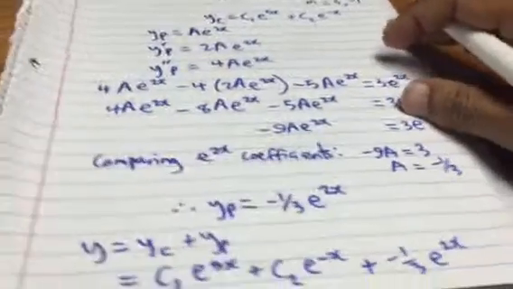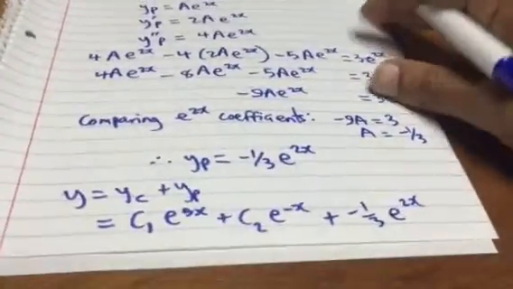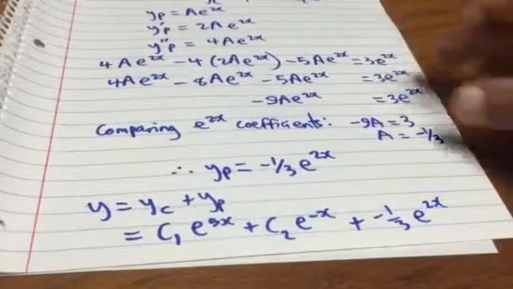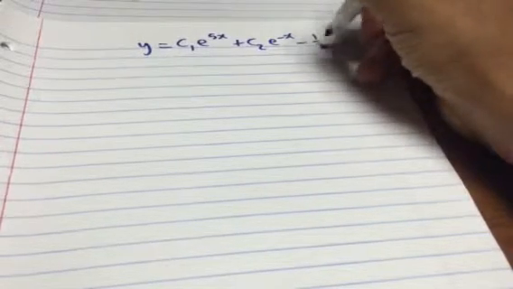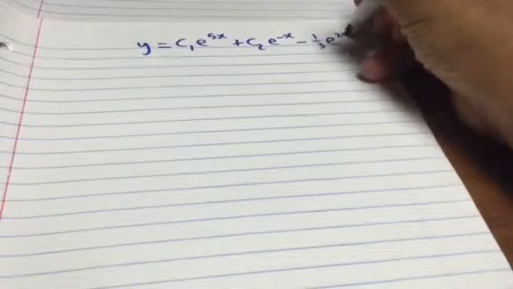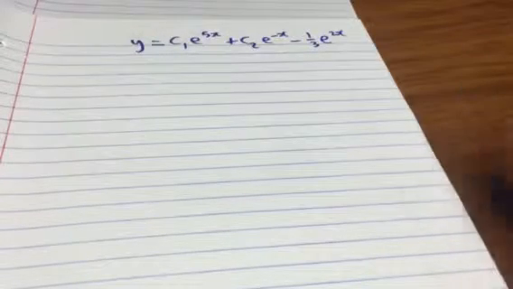Good, and that is going to simplify to, I'm going to write it over here, y is equal to c1 e to the 5x plus c2 e to the minus x minus 1/3 e to the 2x, and that's my final solution.